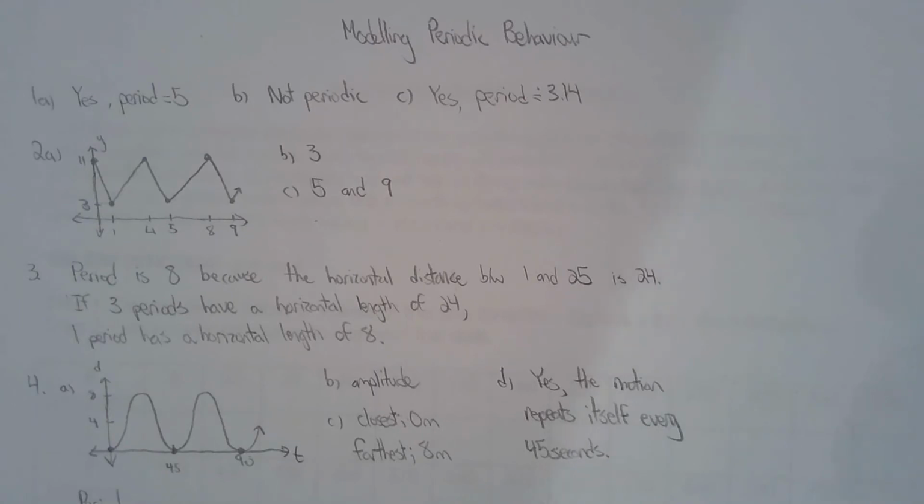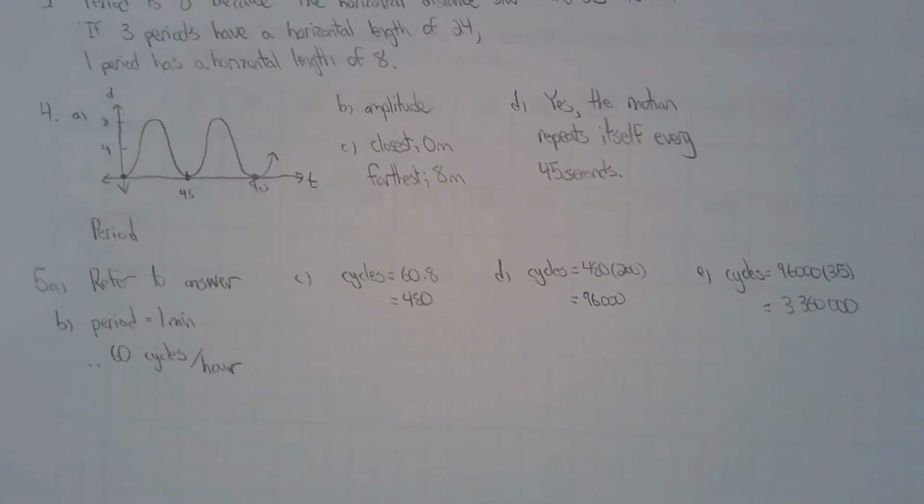So the 45 seconds represents the period. The 4 meters represents the amplitude, and then closest is 0, and furthest is 8. And it's definitely periodic because the motion of this luggage carousel is repeating itself after every 45 seconds.